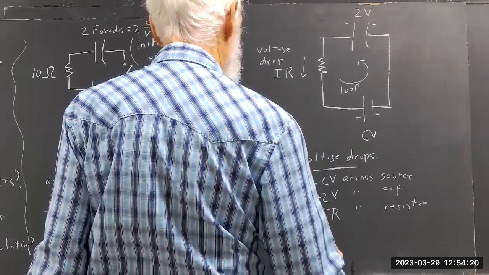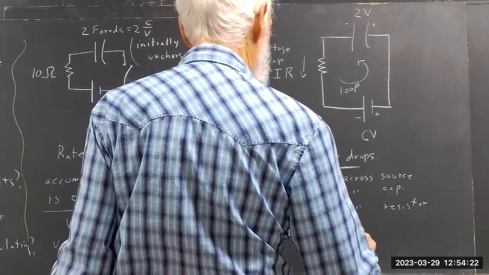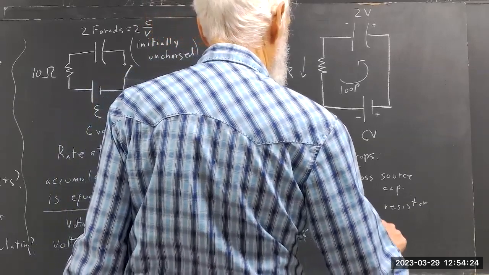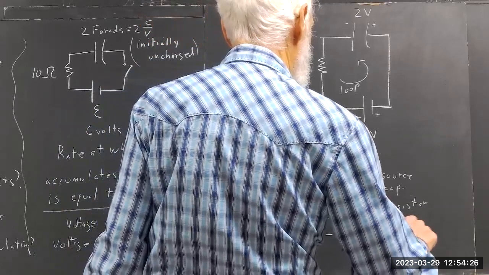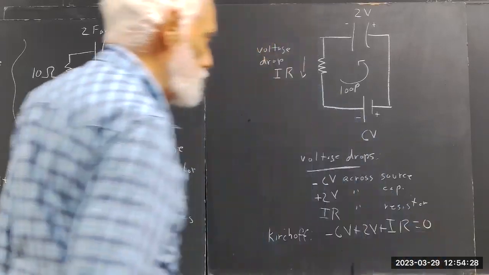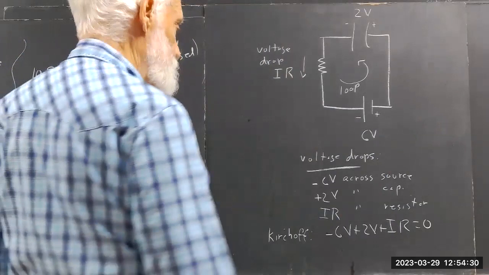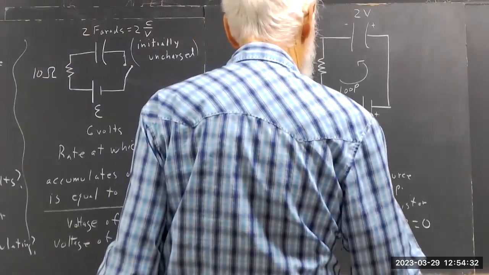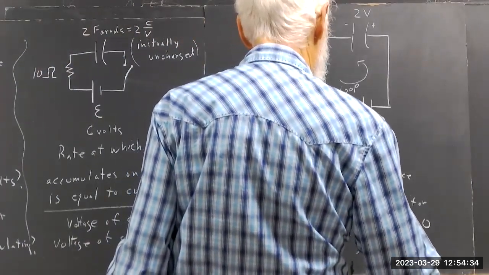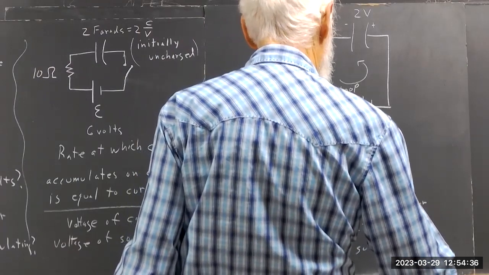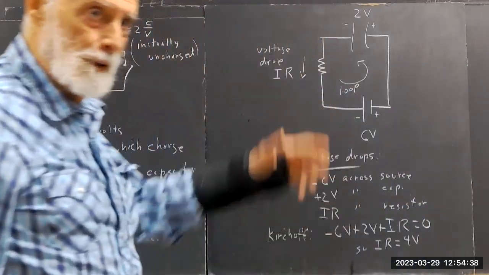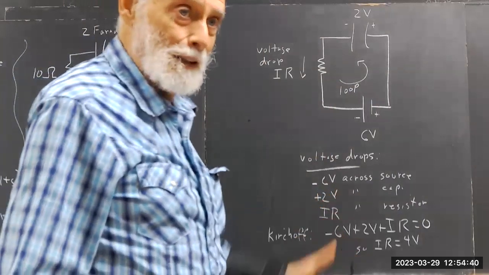The sum of the drops then says that negative 6 volts plus 2 volts plus IR equals 0. You don't need to do the arithmetic there: IR is 4 volts.